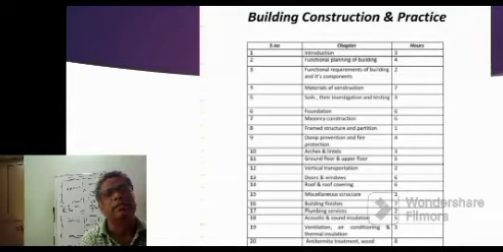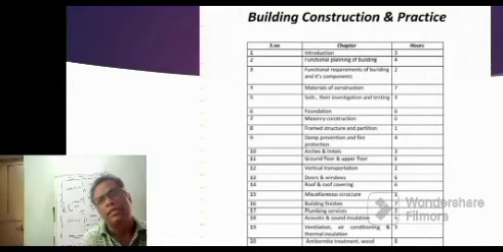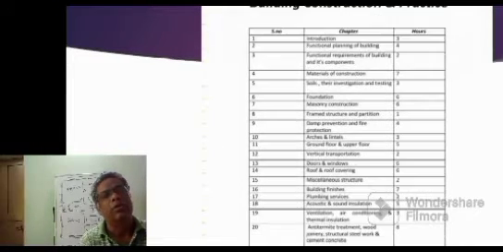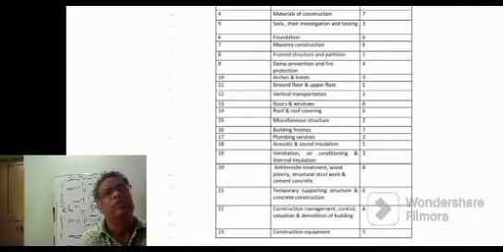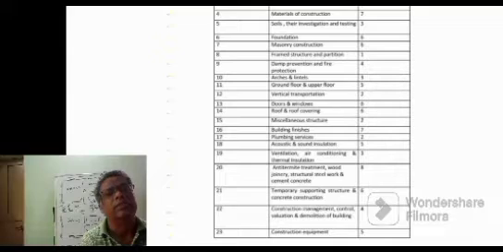Then ventilation, air conditioning and thermal insulation is a very important part of a building. Proper ventilation has to be provided in a building. Air conditioning has to be done, and if in a cold place you have to provide thermal insulation also. All these things will be discussed.